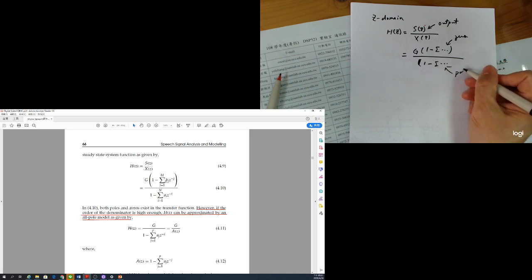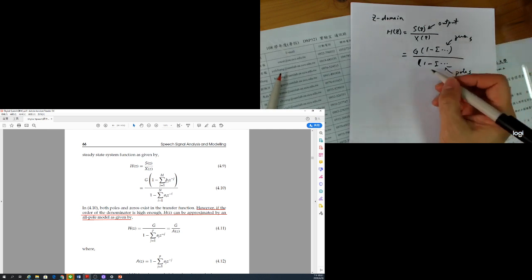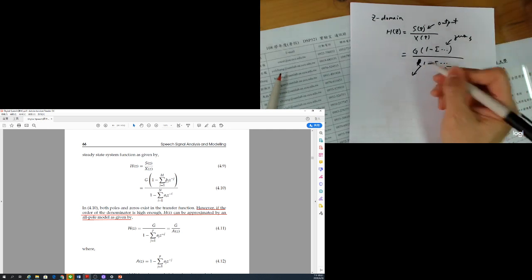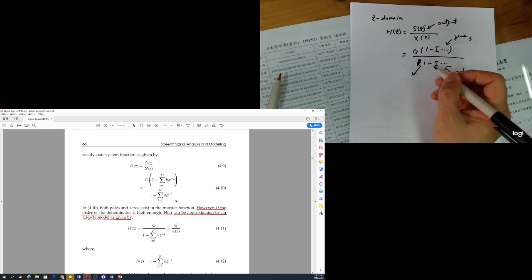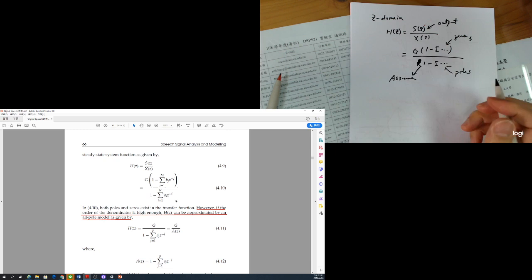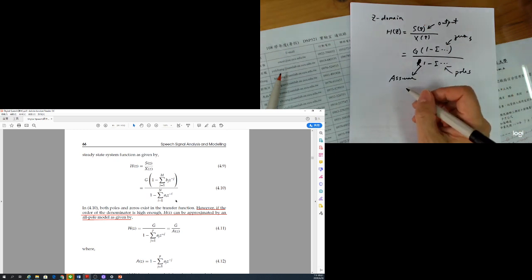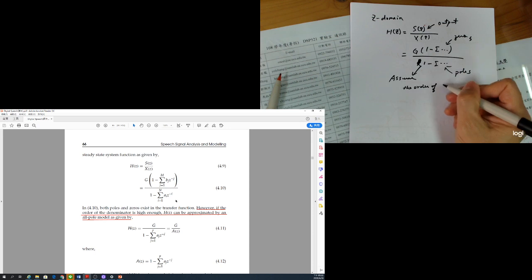Considering your denominator, this is some polynomial equation. Right now we assume the order of the denominator.